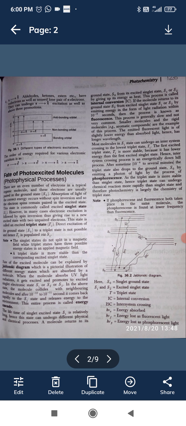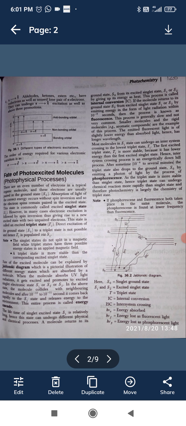From S2, it can come back to S1. The lifetime of the singlet state is relatively long, hence this state can undergo different physical and chemical processes. A molecule returns to its ground state from its excited singlet state S1 or S2 by giving up its energy as heat. This process is called internal conversion, that is IC.